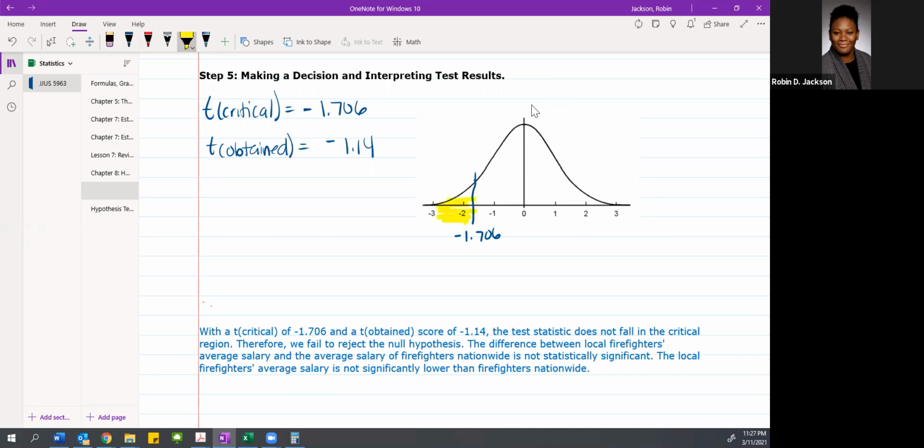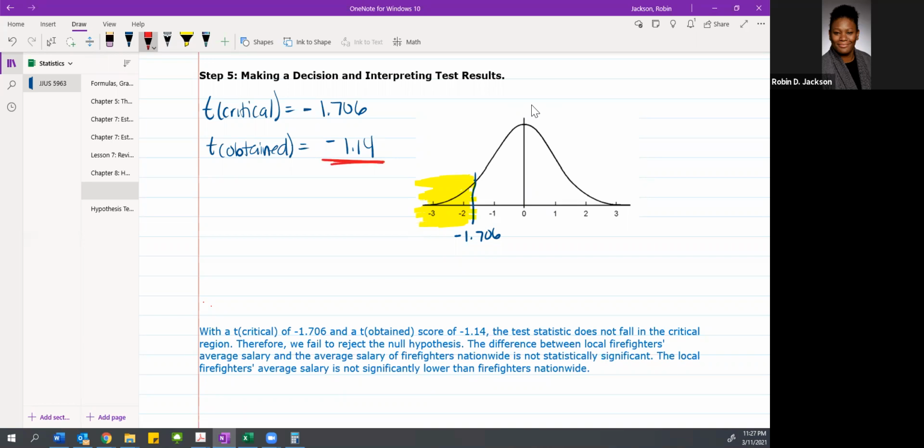Everything that falls in this color-coded region, this region of yellow, is going to be our critical region. If it doesn't fall in that region, we fail to reject. And you can just look at this already and you know it's not going to fall in there.